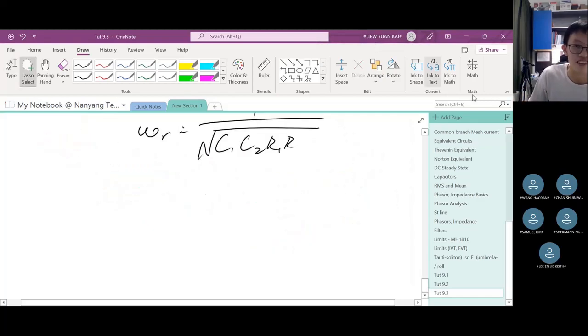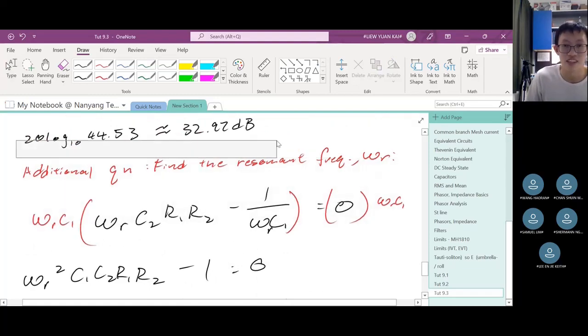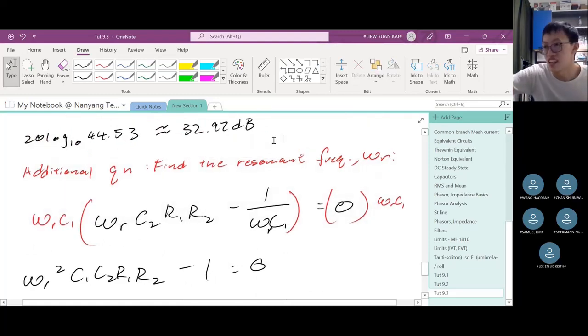Okay, so I want to show Samuel the extra question. This is the additional question: find the resonant frequency. It's possible that they ask you; they've asked this before many times in the finals, and in my finals.